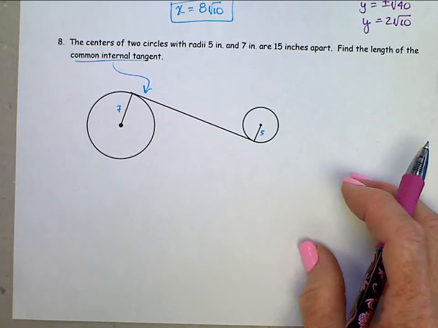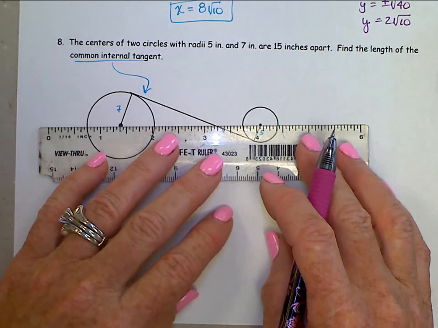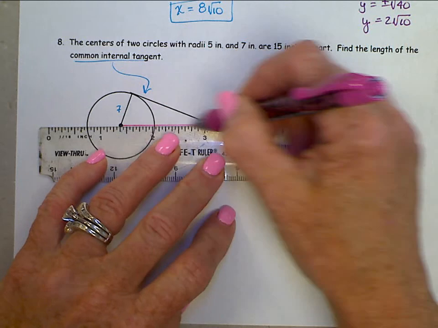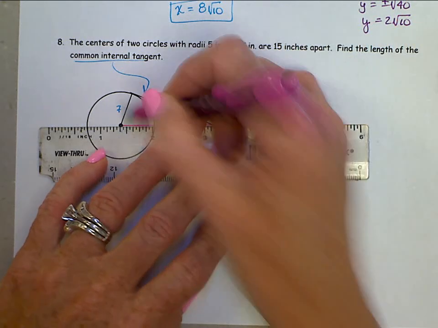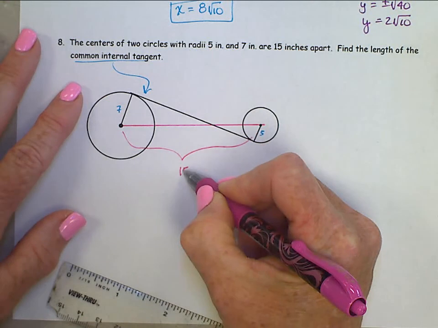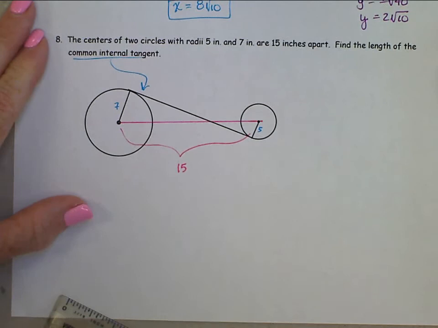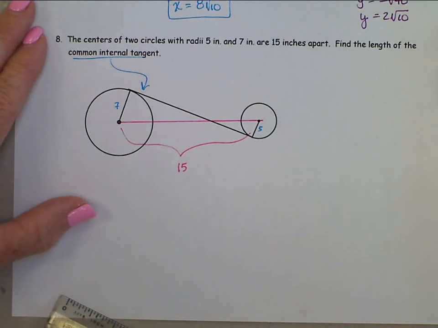So we just start our steps, draw a segment that connects the centers. That's 15. Okay. Let's see. The next step was to draw radii to the points of tangency on the same tangent.